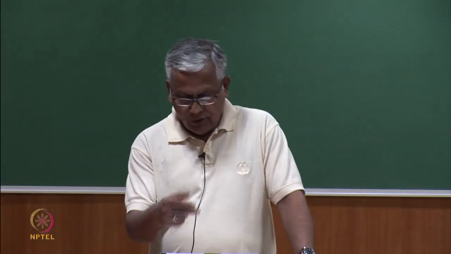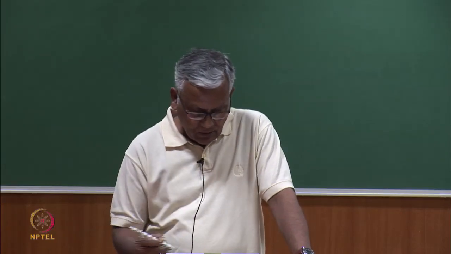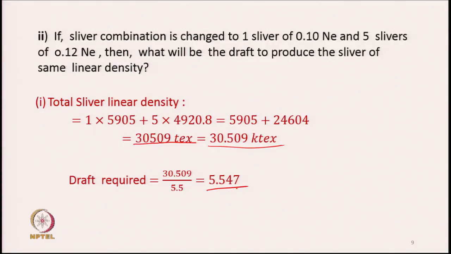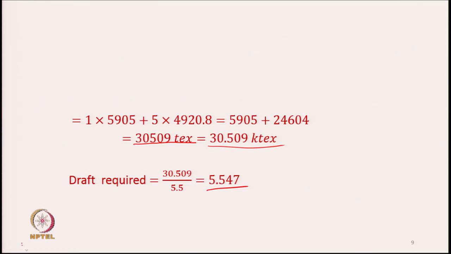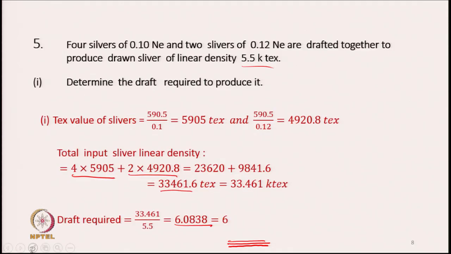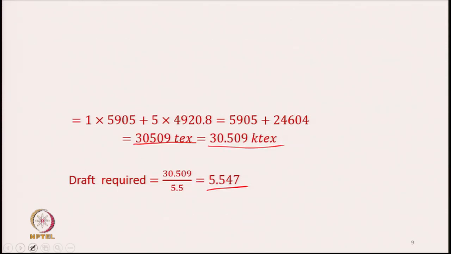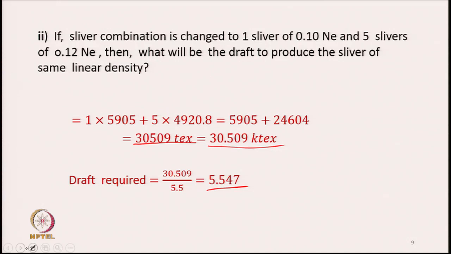If we compare the previous answer with this answer, let us go back. The previous answer was 6, and this answer is now 5.5. That means there is a reduction in drop, which is logically also correct. Therefore, we are sure that my answer is going to be correct.